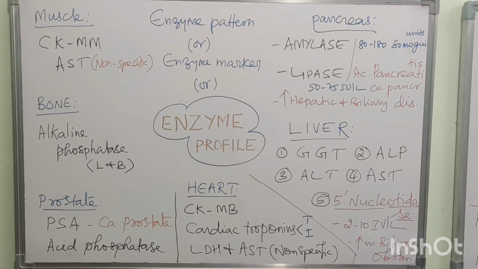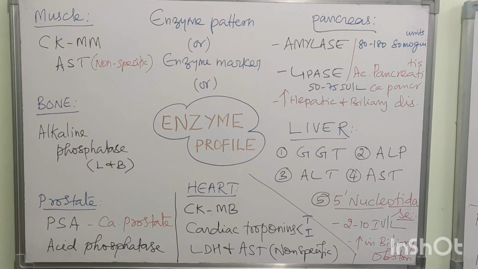In bone we have only one important enzyme, alkaline phosphatase. Usually some 10 to 25 fold increase occurs in liver, whereas in bone diseases more than 50 or sometimes 100 fold increase is there. The normal level of alkaline phosphatase is 40 to 125 international units per liter.